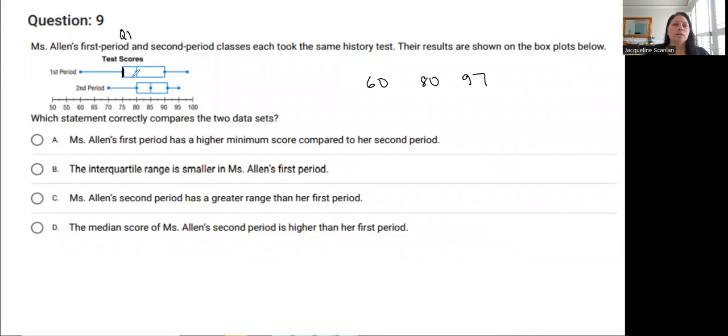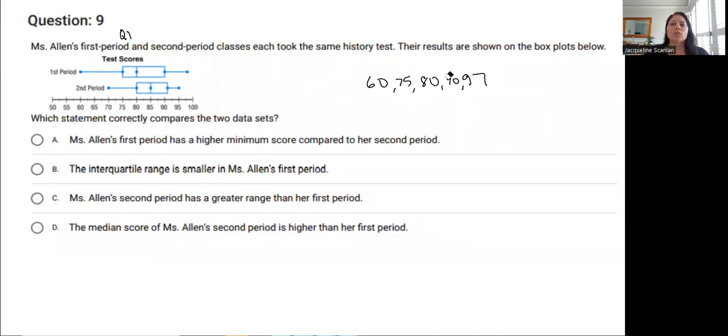It's called Q1, and that is a 75. And then this part of the box right here, the far right side of the box, is called Q3, or your third quartile, and that's a 90. All right, so these are the 5 different pieces of information I can pull out of a box plot. And I can use those numbers to help me answer the different types of questions that are asked.